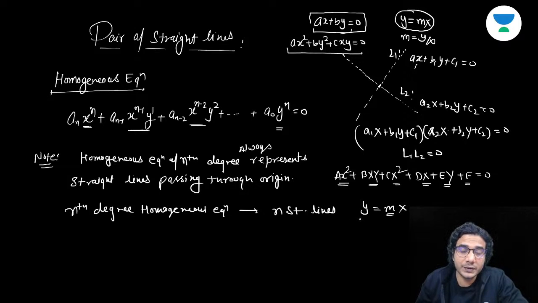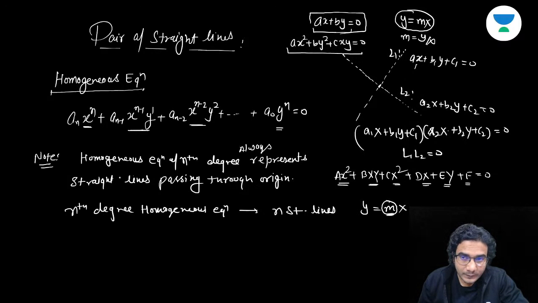But other than 0, 0, no other point will satisfy it. Okay. So we call it a straight line of imaginary slope, but we still call it a straight line. All right. That's why we are saying that this will always represent a straight line.